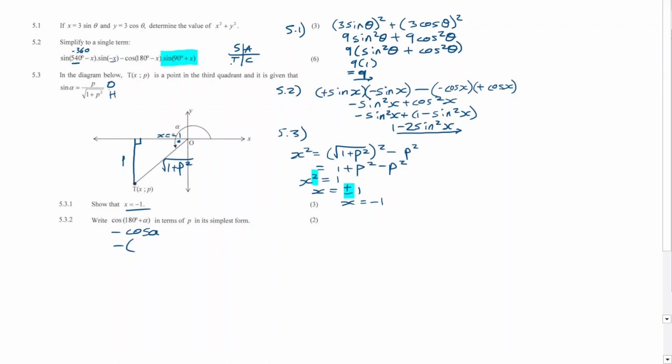And so cos is adjacent, -1, over hypotenuse. And that will then, minus minus will become a plus. And so my final answer is just 1 over square root 1 plus p squared.